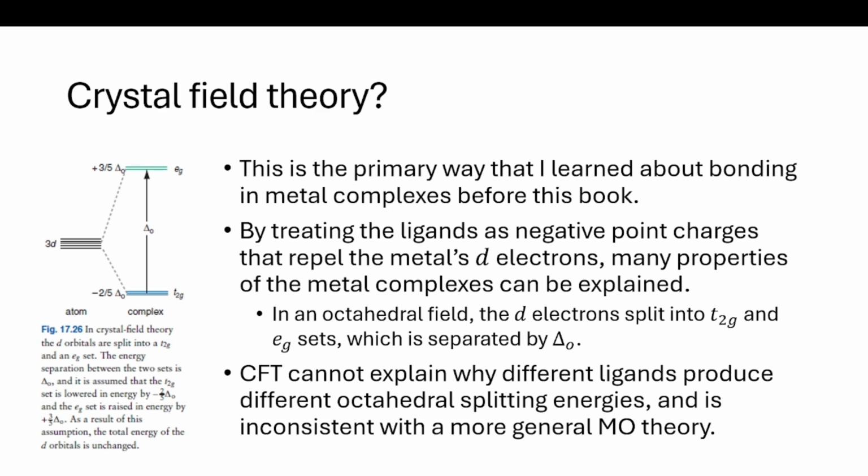And so our assumption is we're going to treat the ligands as negative point charges that repel the d electrons of metals. And for an octahedral complex, those d electrons are going to split into t2g and eg sets. And the separation between them is of course going to be the octahedral splitting energy.